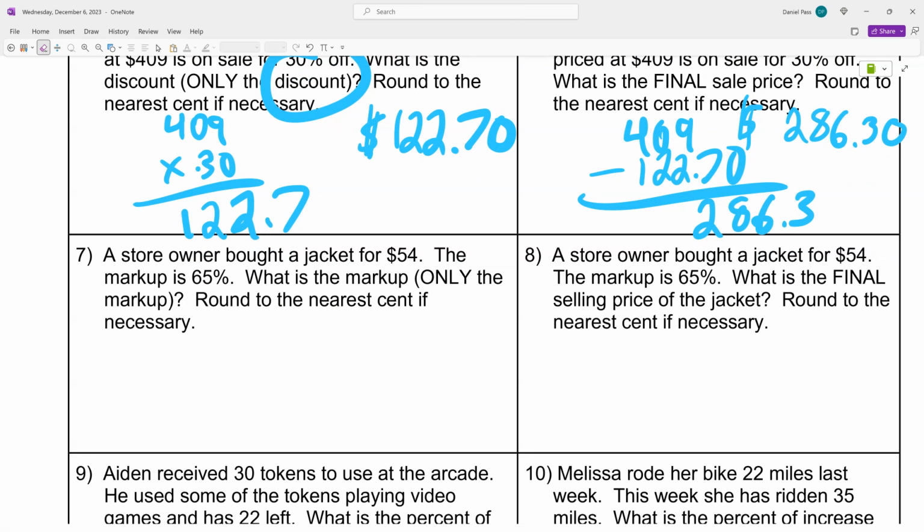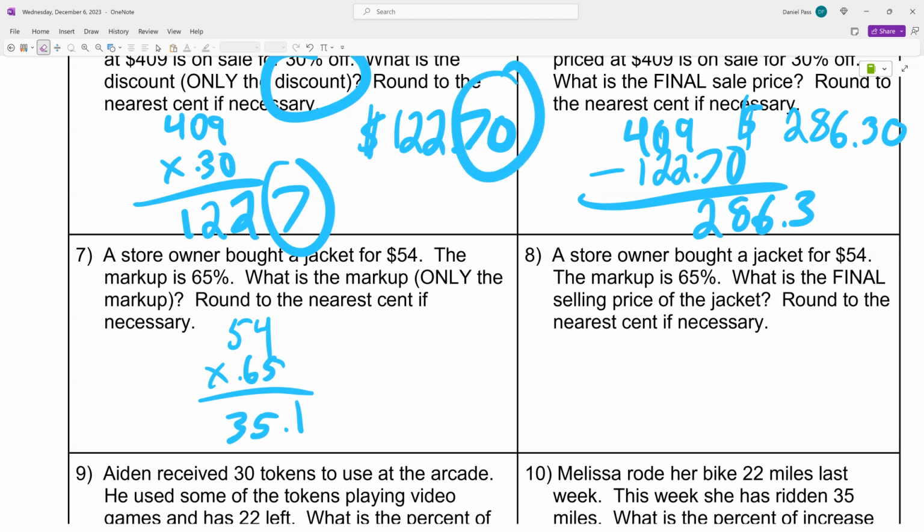This one, same thing again. 54 times 0.65. What is it? 35.1, which is how many cents, Raiden? Look on the board. 0.7 was 70 cents, so how much is 0.1? 10 cents.